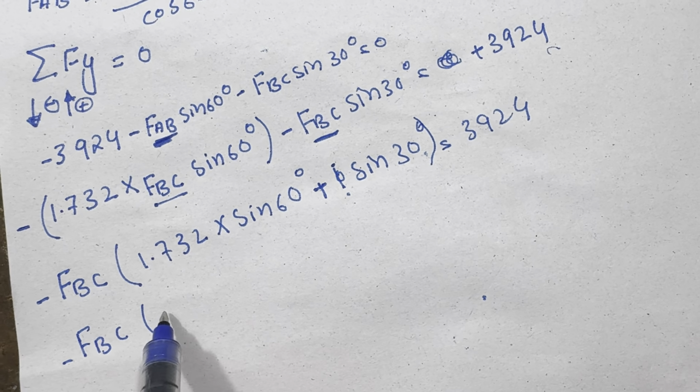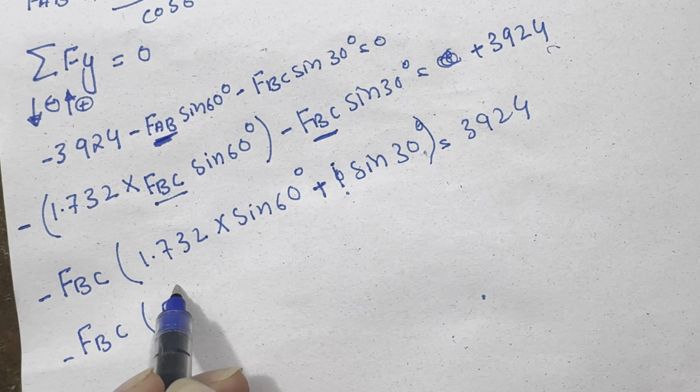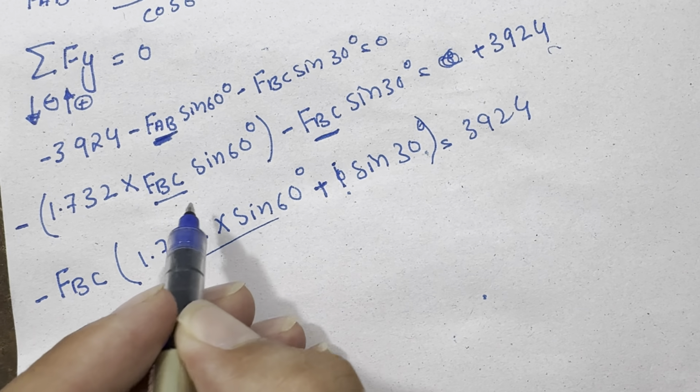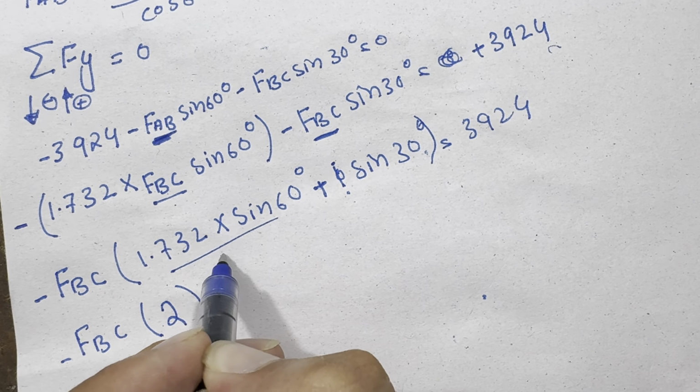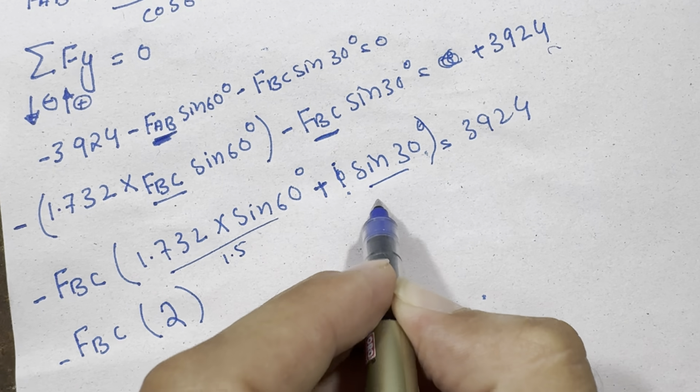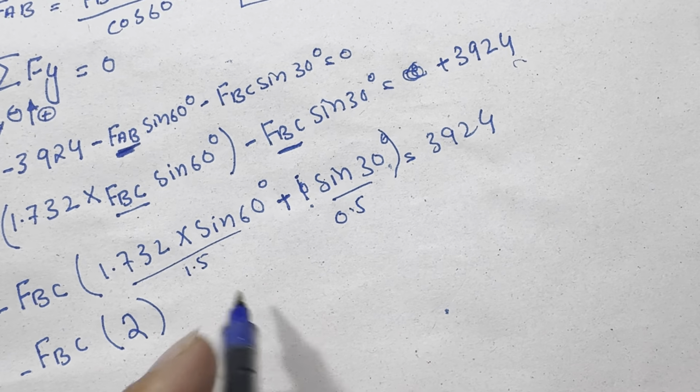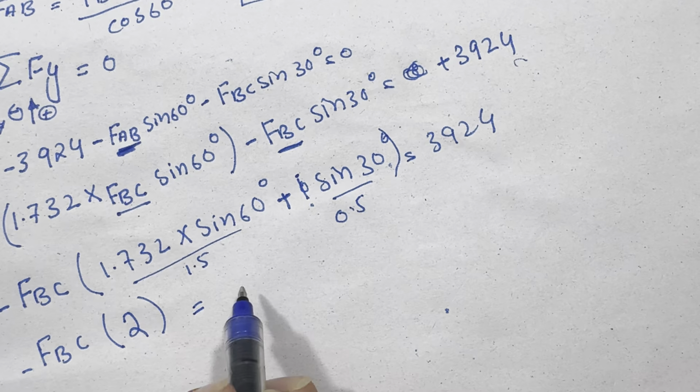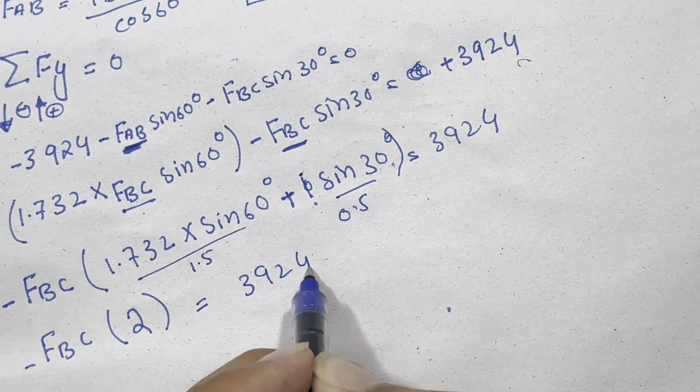Negative FBC will become equal to 2, from here it will become 1.5 and this is 0.5, which is 2, equal to 3924.